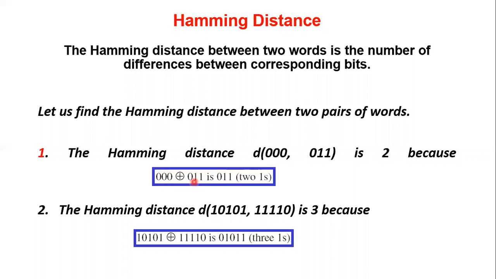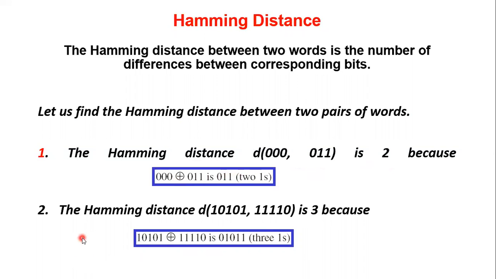Therefore, 0, 0: the value is the same, so the result is 0. 0, 1: the values are different, therefore the result is 1. Then 0, 1: the values are different, and hence the result is 1. Therefore, how many ones are there? 2 ones are there. Therefore, the Hamming distance is 2.